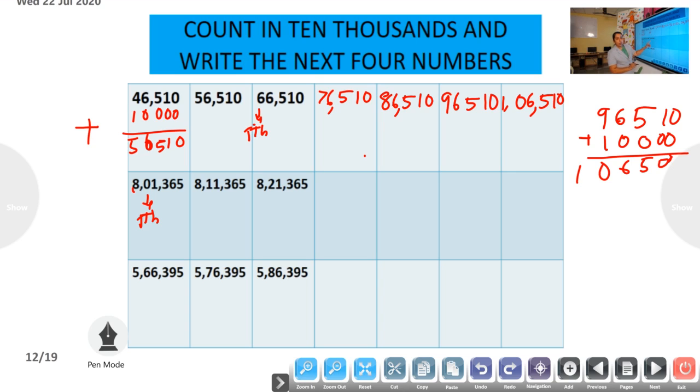So 1,26,365. Then which one are you changing there? 1,36,365. So clear? Then 1,46,365. Then change in the thousands place. You have to add 1 to the 10,000's place.